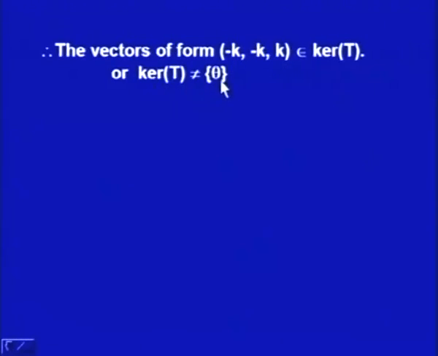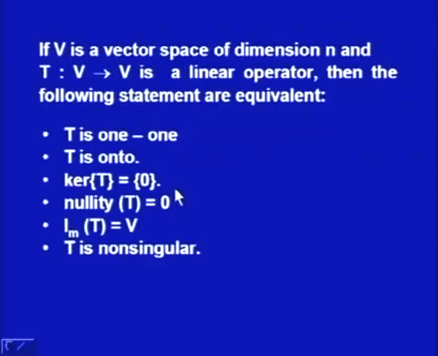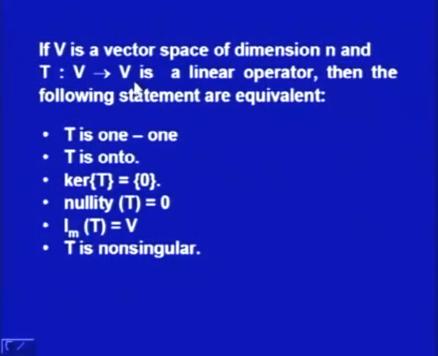So kernel T is not merely 0, it has some more vectors, and that means it is not a 1-1 transformation, and of course T inverse does not exist in such a case. So we have proved that T inverse does not exist, and in this result we are summarizing what we have done so far. We have a vector space V of dimension n, and we have an operator T from V to V, we call it a linear operator.